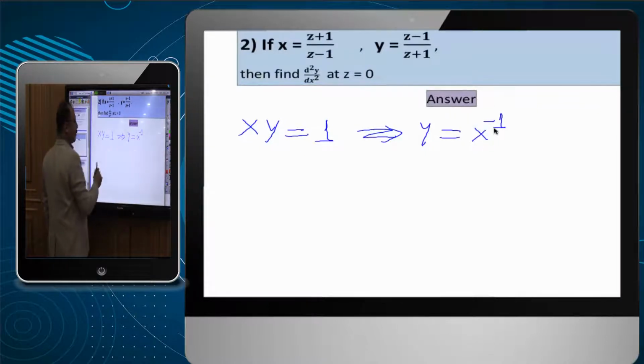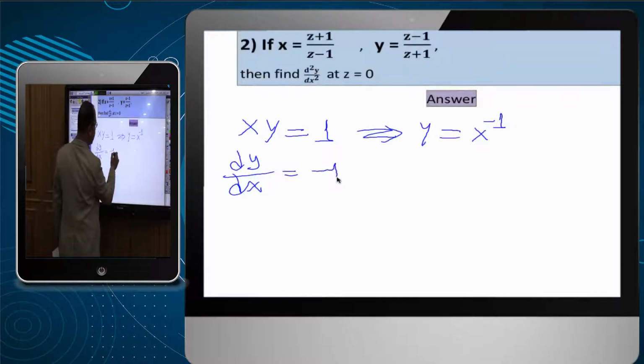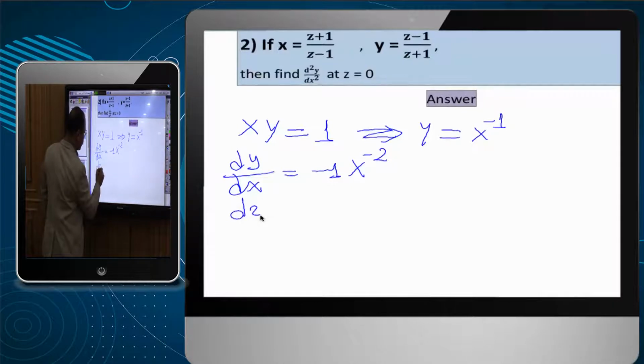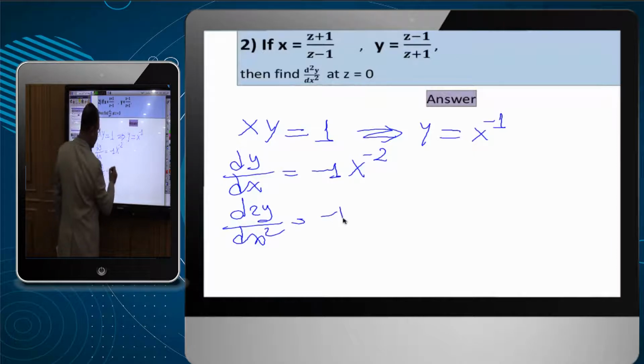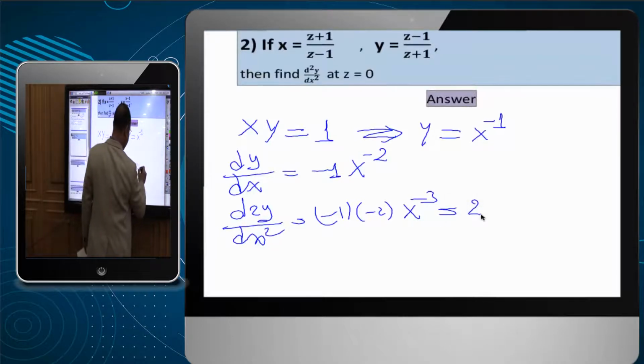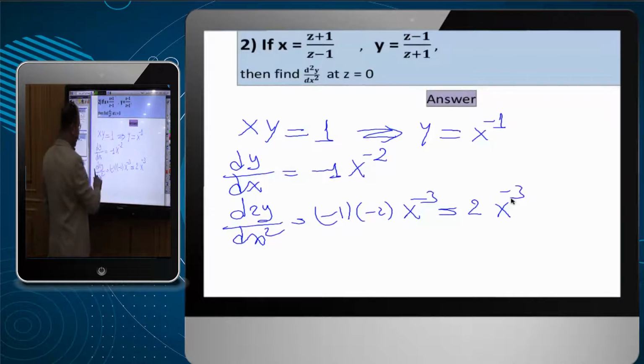Then we will differentiate with respect to x. dy by dx equals negative 1 x power negative 2. d2y by dx square equals negative 1 times negative 2 x power negative 3 equals 2x power negative 3. Now we want to find the value of d2y by dx square at z equals 0.